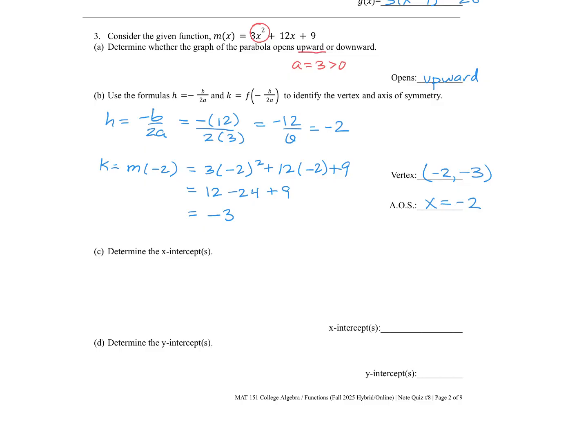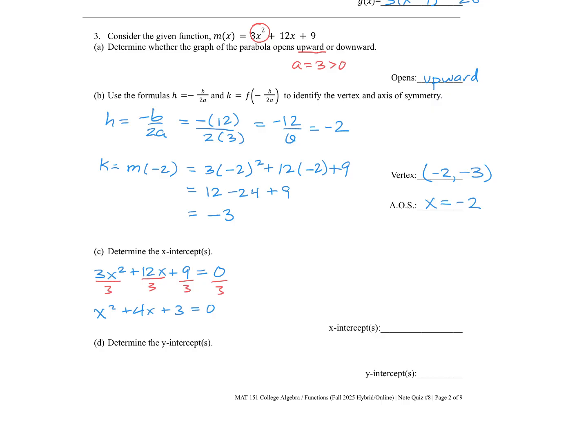X-intercepts, we go through and we've got our 3x squared plus 12x plus 9. Remember again, we're setting the y or the function equal to 0. We can divide the entire equation by 3 to downsize the coefficients. So that's x squared plus 4x plus 3 equals 0. And of course, we could use the quadratic formula to solve this for x, but let's try factoring it.